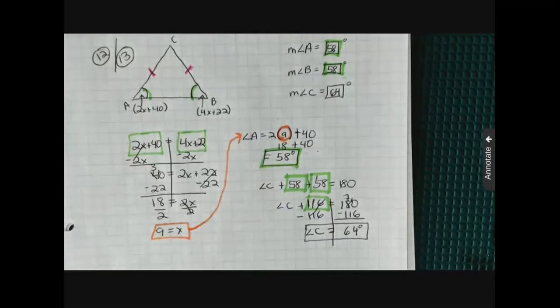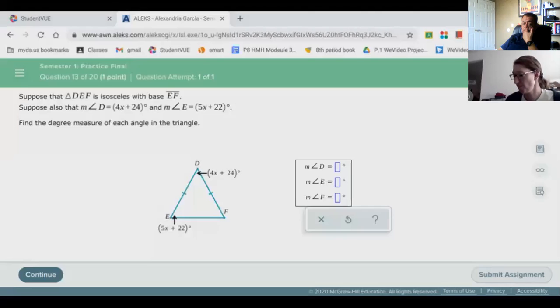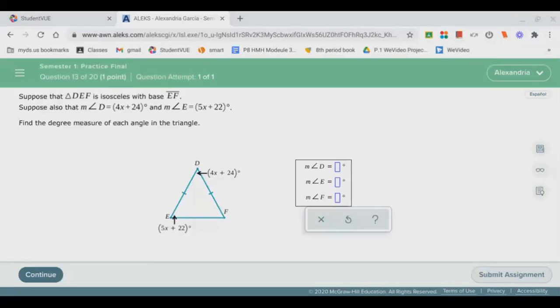Do you want us to try it? Yeah, you want to share it? Okay, let me draw it, hold on.